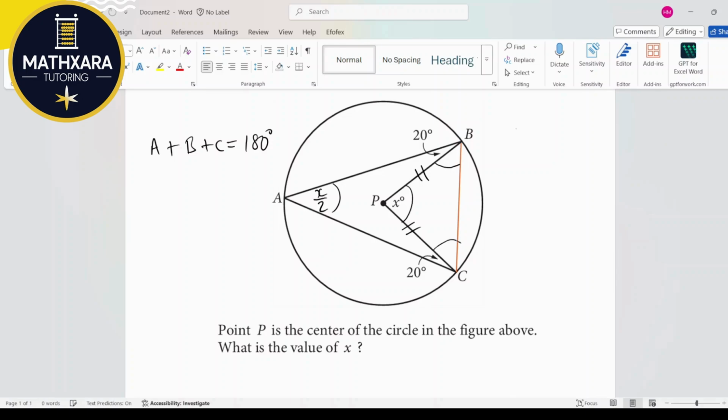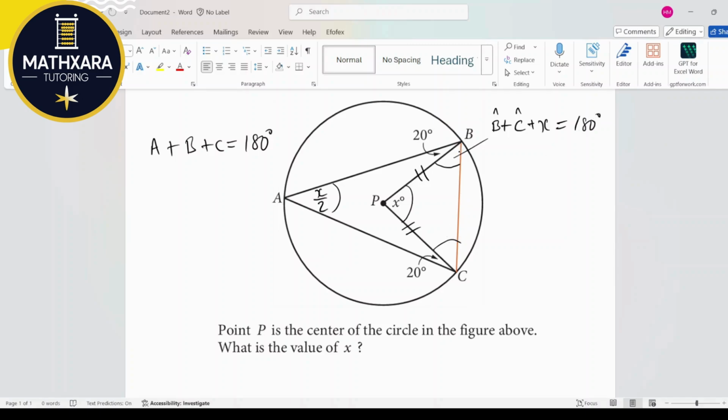Now, these two base angles, PBC and PCB, are the same, which means angle B plus angle C plus the x, where P is, should be 180 degrees because they also form a triangle.